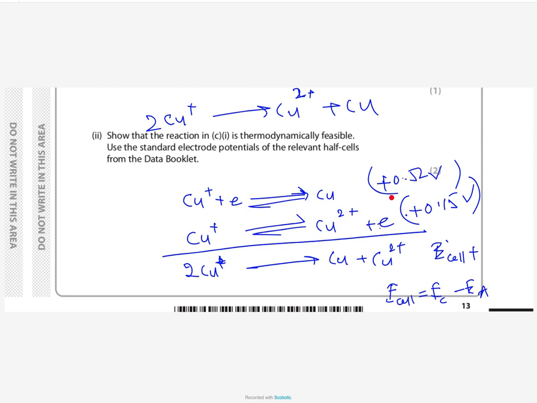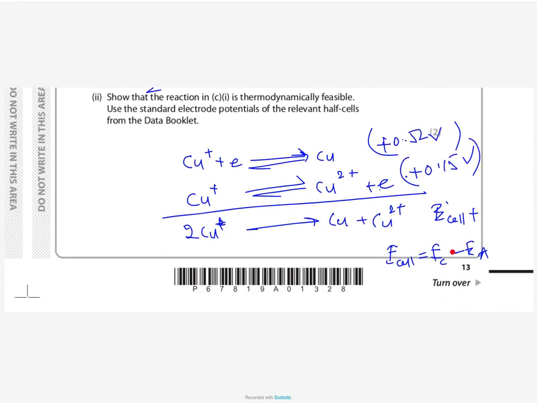The cathode is where the reduction occurs, which is 0.52. So 0.52 minus the E anode, 0.15. You still get a positive value. So if the overall cell potential is positive, such a reaction will be feasible. Clear?